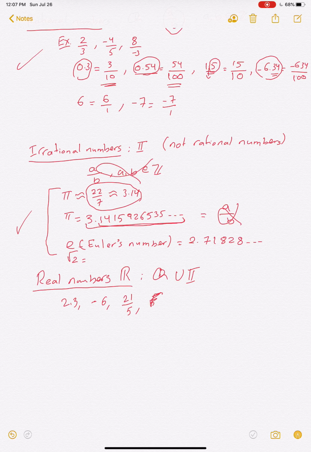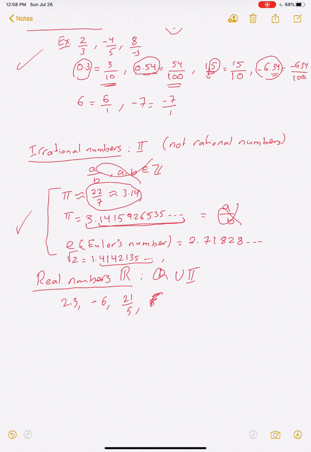Why? Because it is considered to be 1.4142135, and it continues. By the way, since it doesn't stop after the decimal point, it is considered to be irrational. Now, are all square roots or roots considered to be irrational?